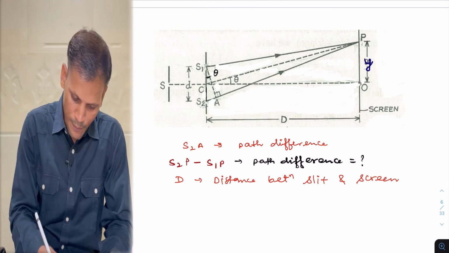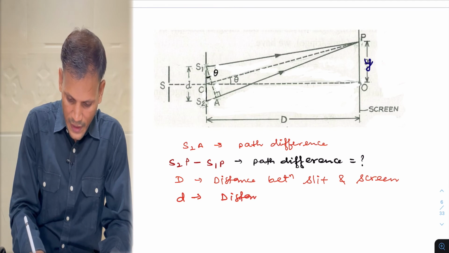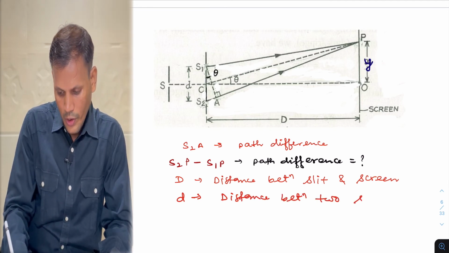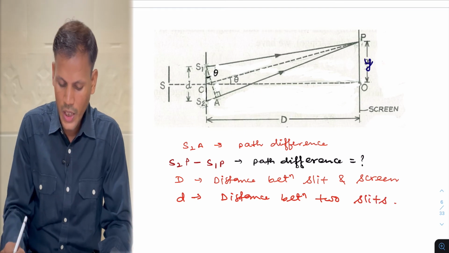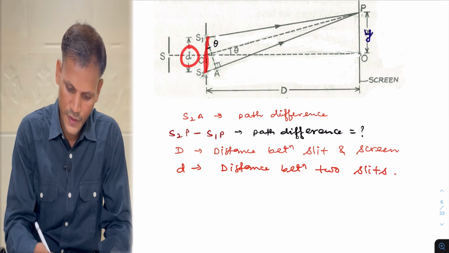And what is small d? Small d is the distance between the two slits, दो स्लिट के बीच का डिस्टेंस है, S1, S2, this is d.